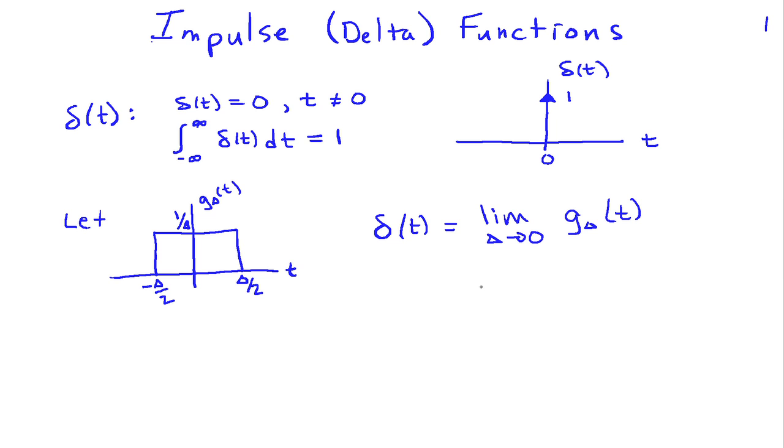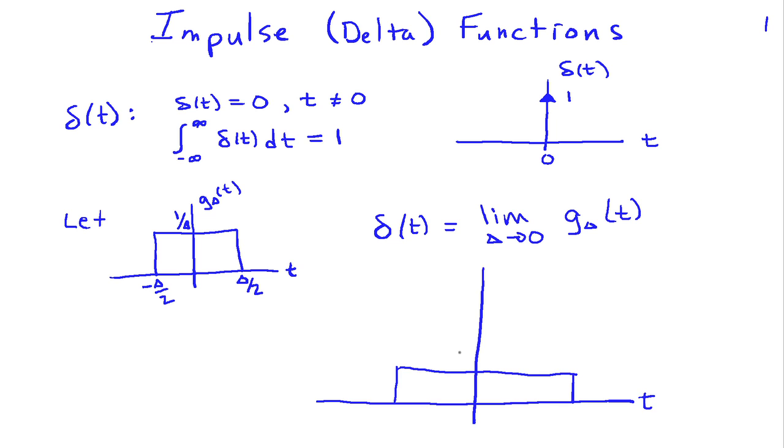So we can sketch that as follows. This is a series of functions of unit area, but decreasing width. So in the limit, as the width of these goes to 0, of course the amplitude is going to have to go to infinity to get us a unit area under that signal.